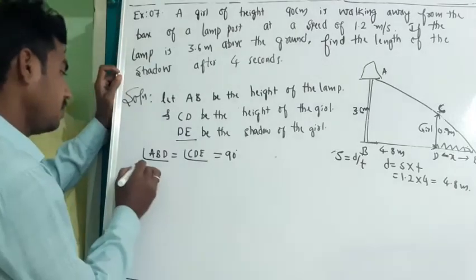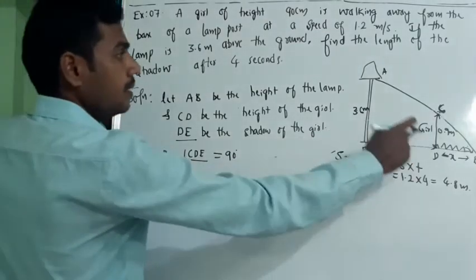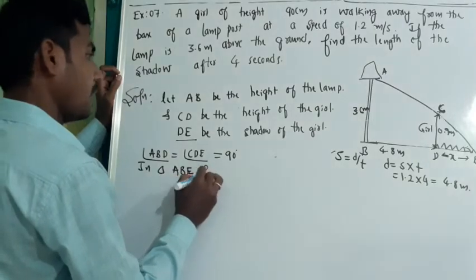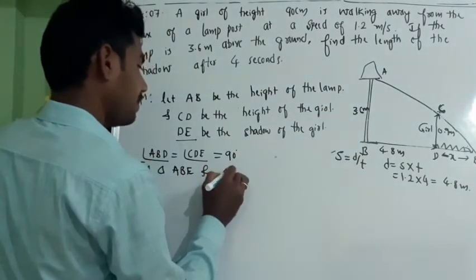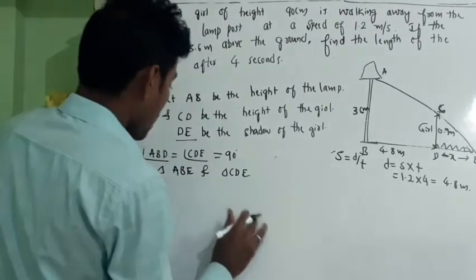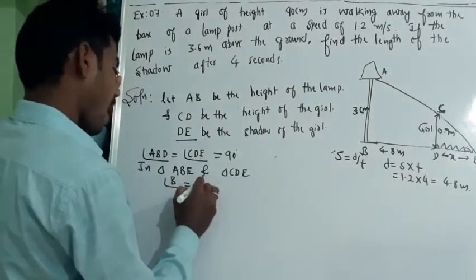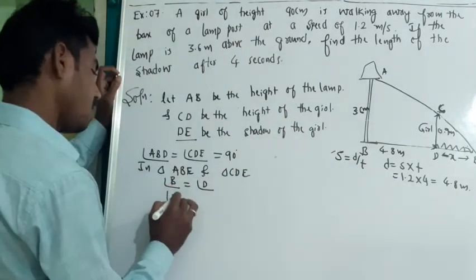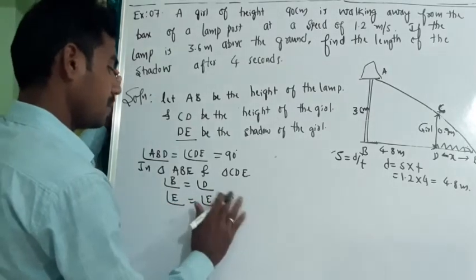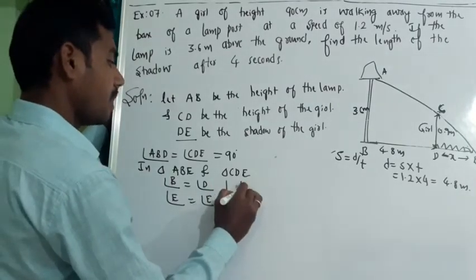Now in triangle ABE and triangle CDE, angle B is equal to angle D, and angle E is equal to angle E.